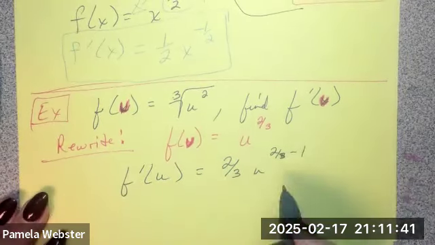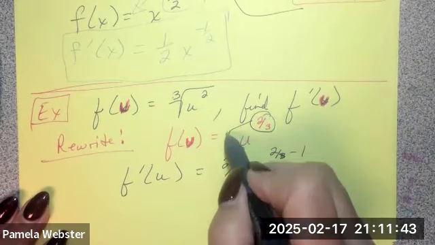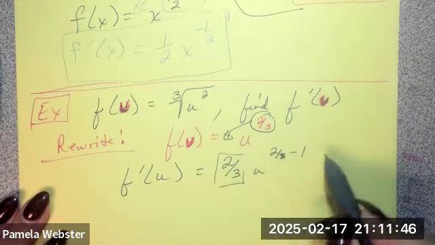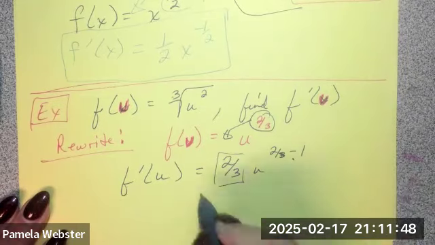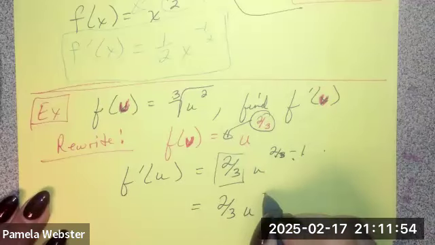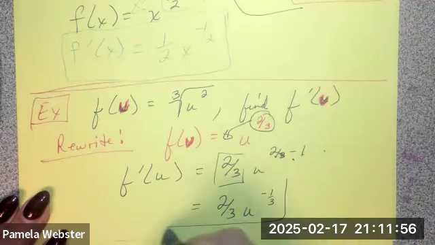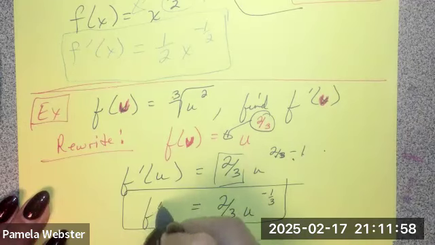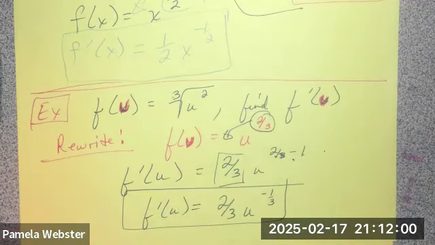Maybe you need a little bit of work with it, but you take that exponent, you put it down in front. There's my 2/3. You subtract 1 from this, and be careful about it, because 2/3 minus 1 is a negative 1/3, right? Okay. There you go.